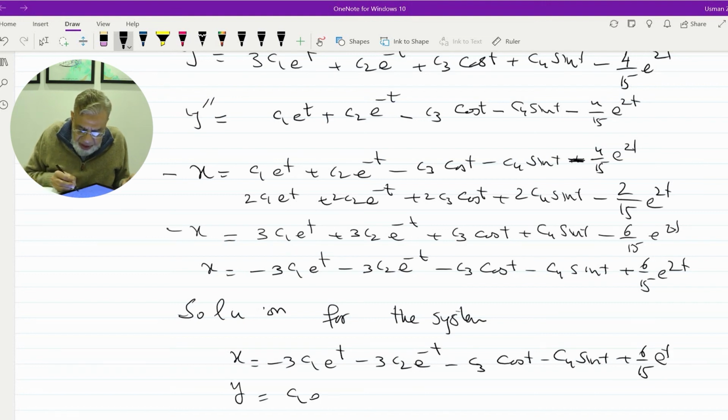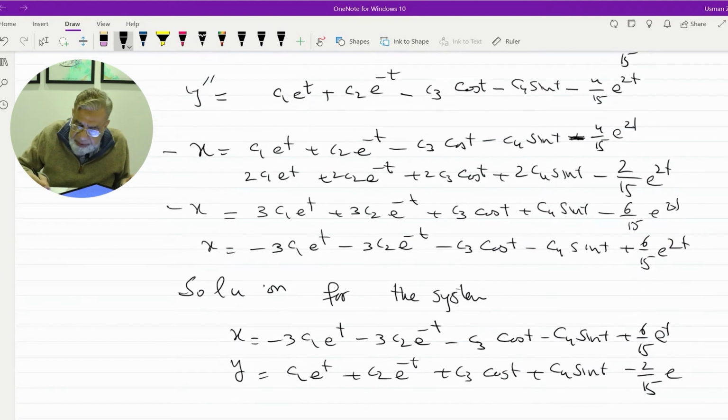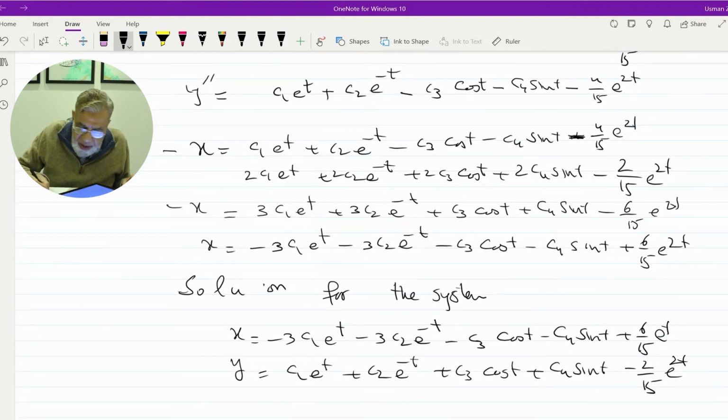My y is c1 e to the power t plus c2 e to the power minus t plus c3 cosine t plus c4 sine t minus 2 by 15 e to the power 2t. Also in the solution we are having e to the power 2t.